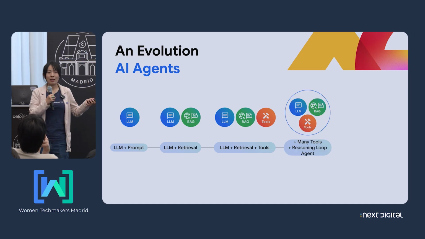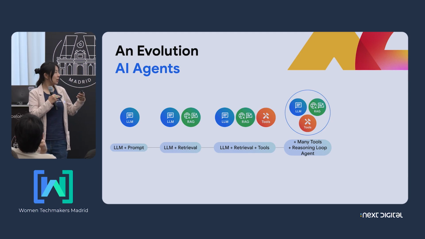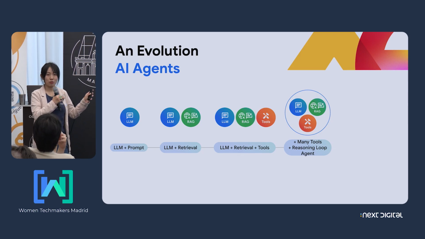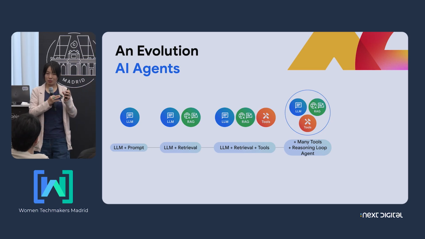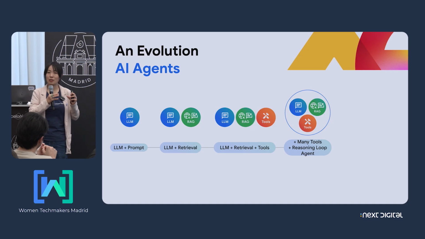So as we know, an agent is someone specialized in doing something. So we call an LLM model plus retrieval and tools an agent, because an agent is a specific unit of the application that is specialized in something.